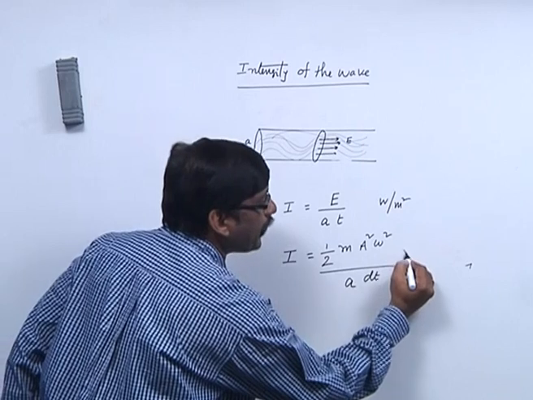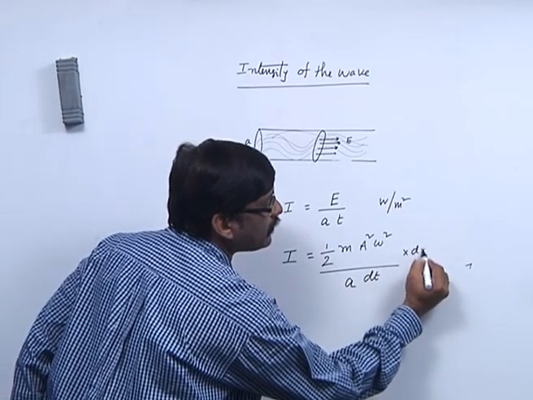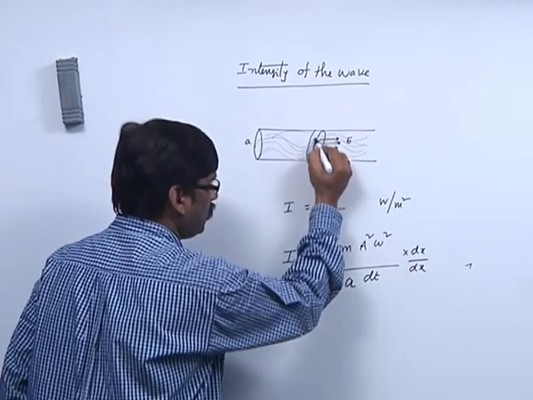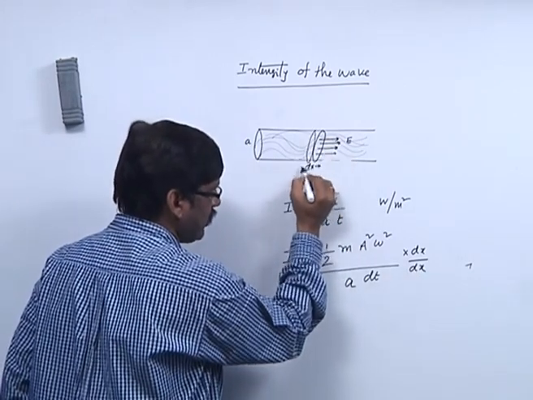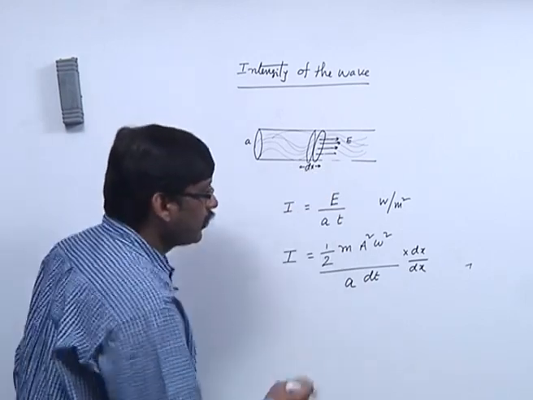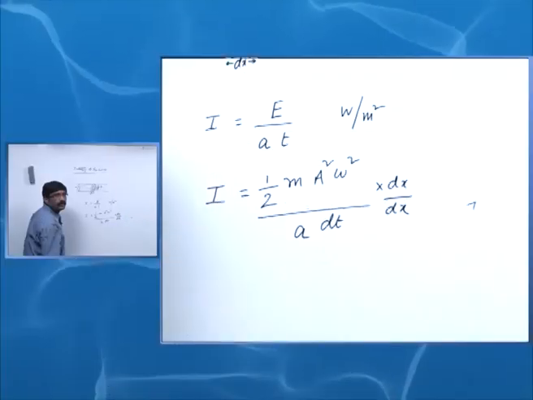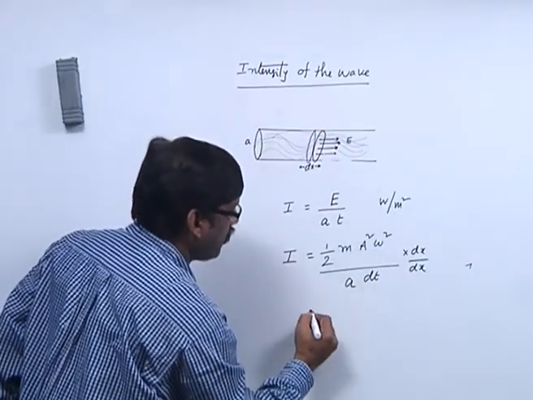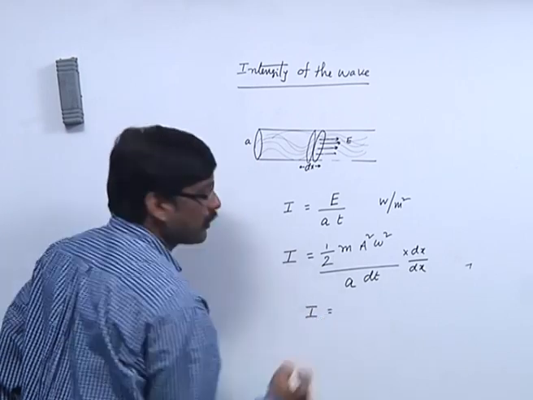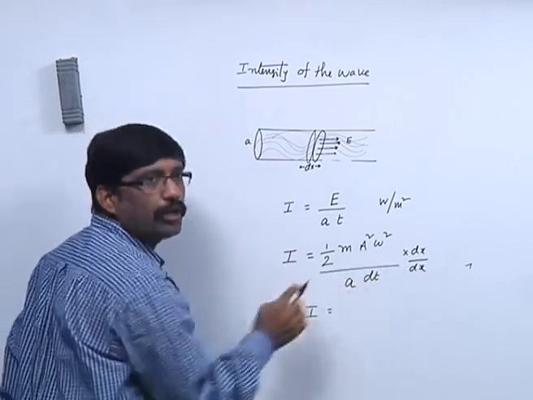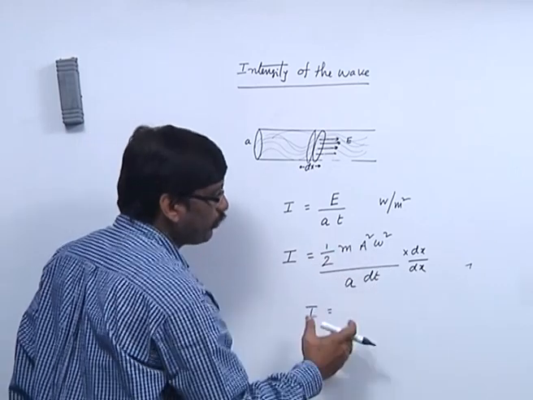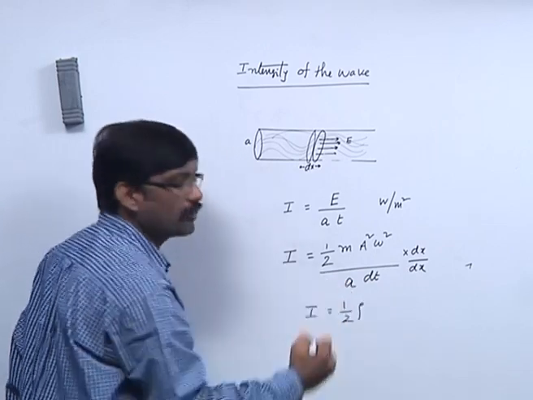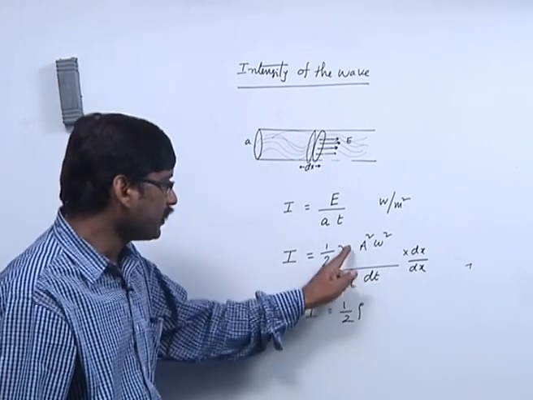Now you multiply and divide by a small dx. A into dx is nothing but the volume of the small element. Mass per unit volume is density.